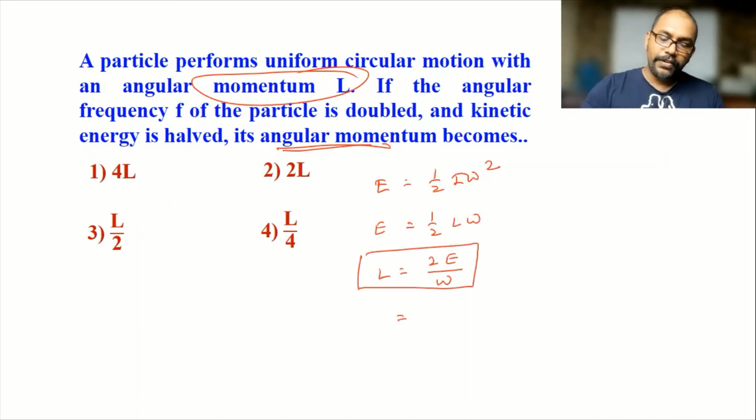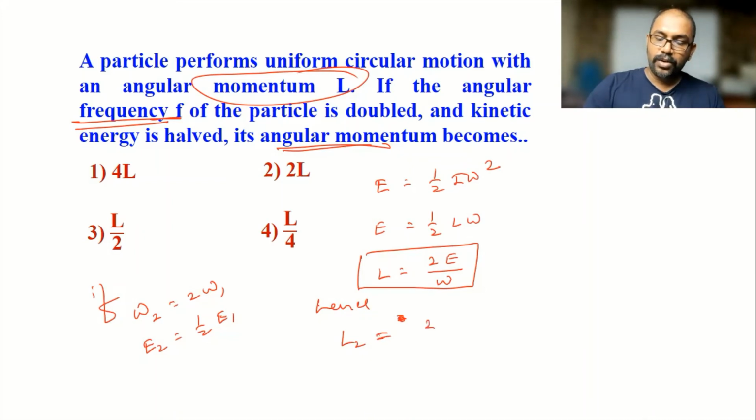Now, they give the angular frequency, so I use omega. It is doubled, so angular frequency omega 2 is twice omega 1, and kinetic energy is half, so E2 is 1 by 2 of E1. Hence, L2 is equal to 2 into E2 divided by omega 2.